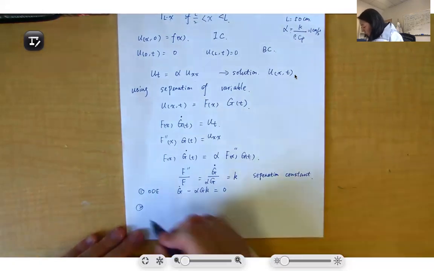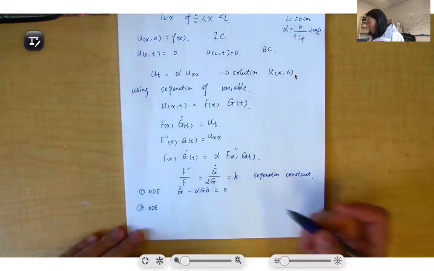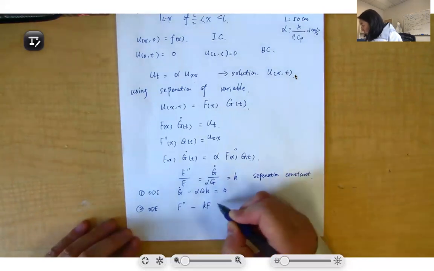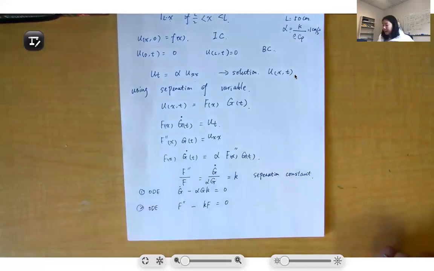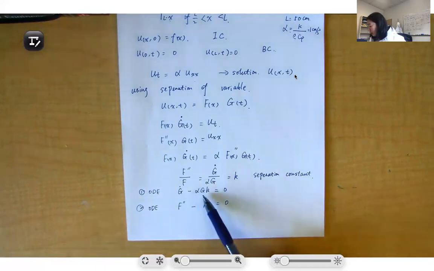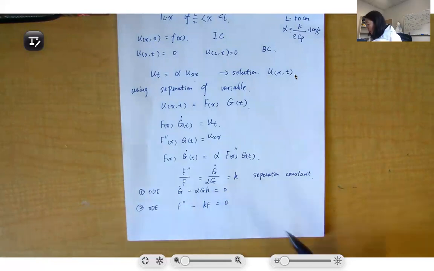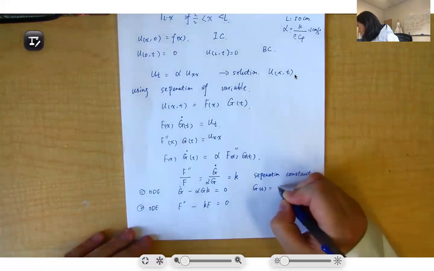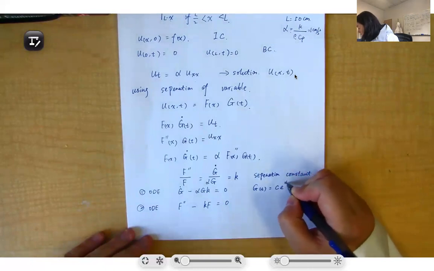The other is a second order ODE, f double prime minus k f equals 0. The first ODE is first order and very easy to solve. The alpha and k are constants there, so you can imagine the g part should be an exponential function of t. So g(t) is easy to solve: it's just some constant times e to the alpha k t.